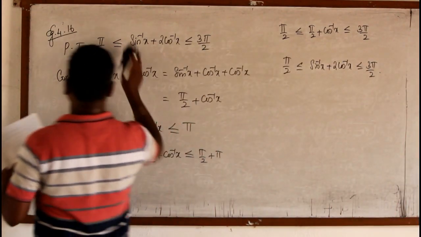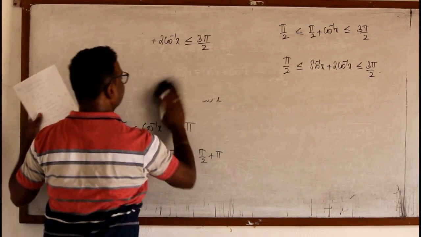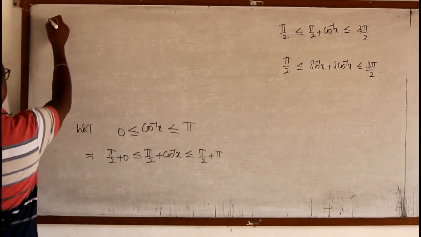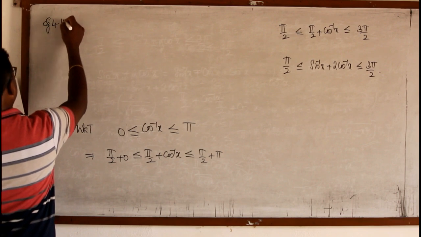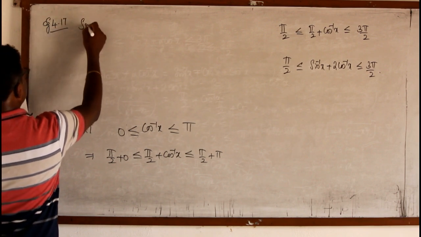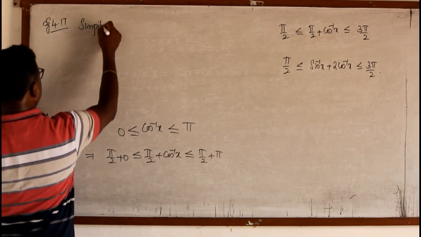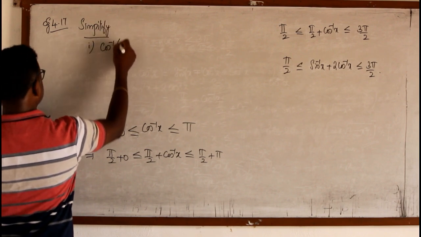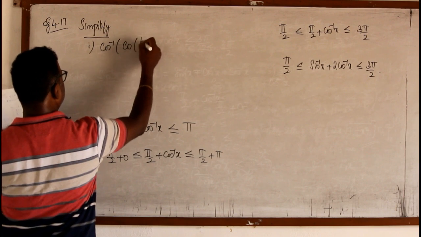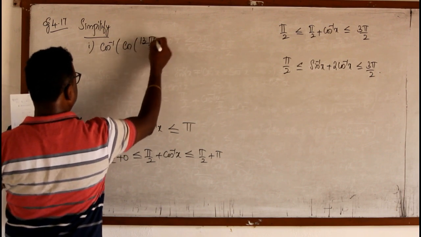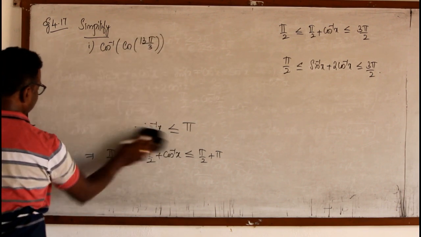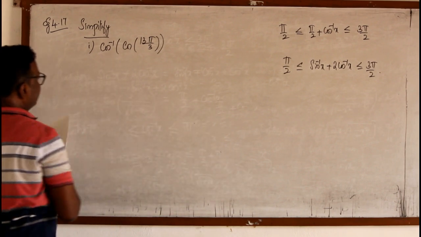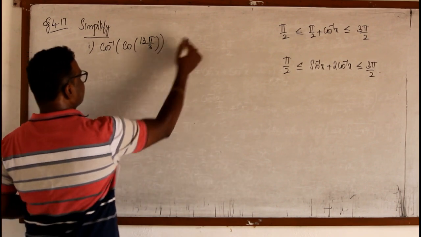This is example 4.17. Now example 4.17. Simplify. In that one first problem, cos inverse of cos of 13 pi by 3. You have to find out this value. 13 pi by 3 means, pi by 3 means 60.